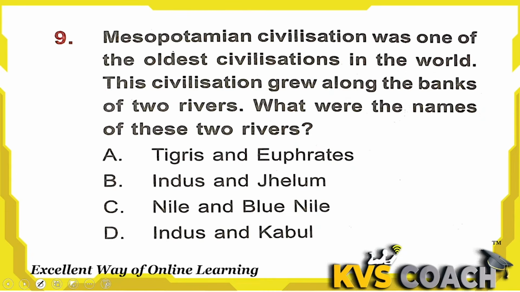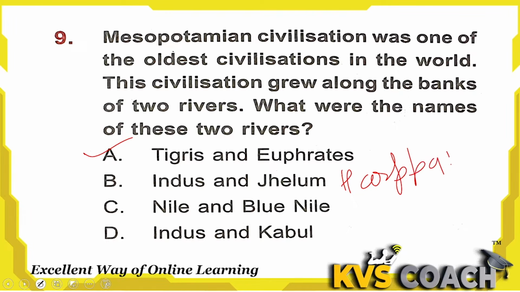Next question is, Mesopotamian civilization was one of the eldest civilizations, grew along the bank of two rivers. Okay, what are the names of these two rivers? These two rivers are Tigris and Euphrates. Okay, option A is the right answer here. Indus and Jhelum river civilization was Harappan civilization.